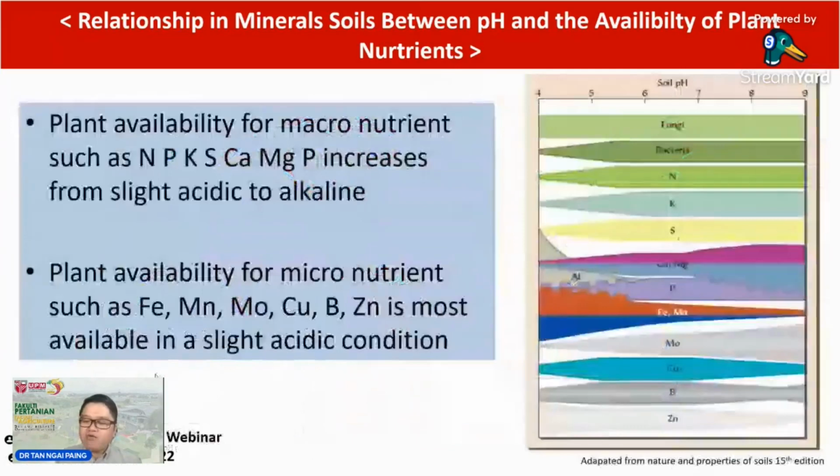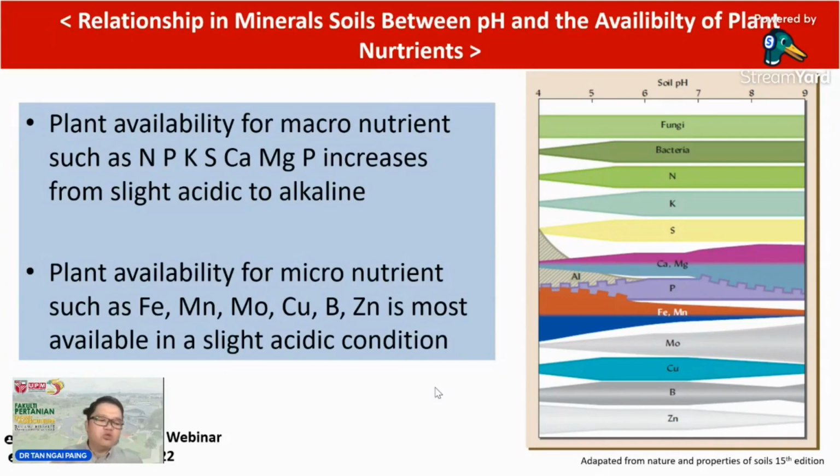But how does pH influence the availability of plant nutrients? So for NPK, normally plants are much more able to uptake the nutrients NPK in a slightly acidic condition. Anything between 5 to 6, they will uptake better.